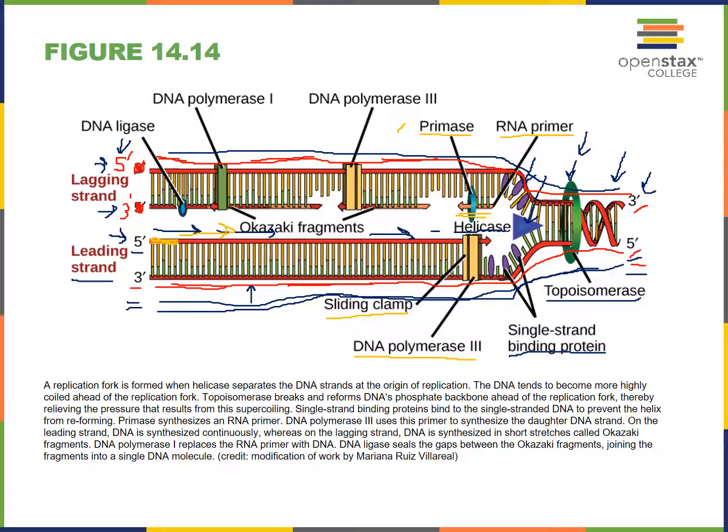And how does it pick which nucleotide to add? The way it picks which nucleotide to add is simply by complementary base pairing. So if there's a T on the parent strand, DNA polymerase 3 will add an A on the new strand. If there's a G on the parent strand, on the template strand, DNA polymerase 3 would add a C, and so on and so on. And it's just going to read the template strand and add the complementary base on the new strand that's growing.